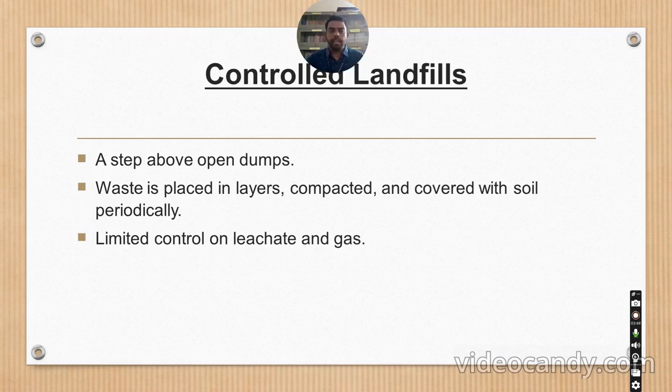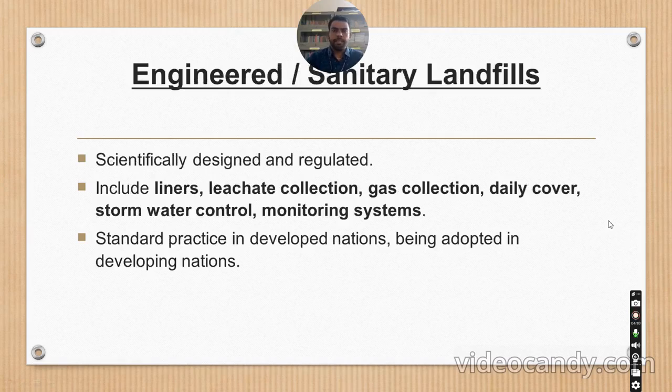In that situation, groundwater pollution is minimized. So there is limited control on the leachate and gas. This is the main advantage of this type of controlled landfill, which may be adopted in all developed countries.